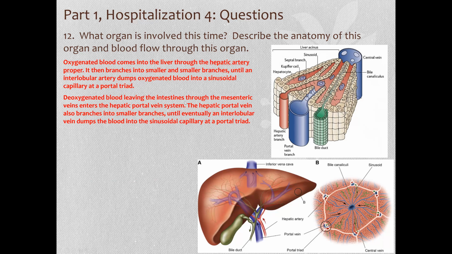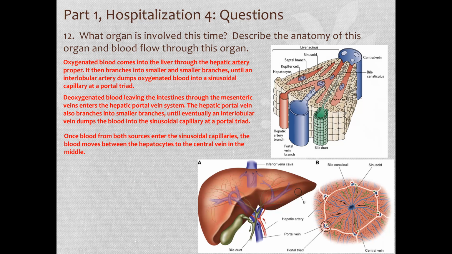So deoxygenated blood that is leaving the intestines through the mesenteric veins enters through the hepatic portal vein system, and the hepatic portal vein also branches into smaller and smaller branches until eventually you get an interlobular vein that dumps the blood also into the sinusoidal capillary at a portal triad. So blood is entering through the artery and the vein at the portal triad into the sinusoidal capillaries.